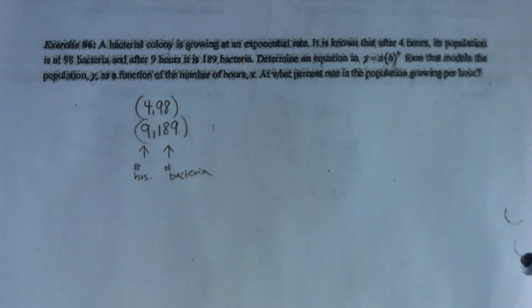So let's say round your B to the nearest 100th and use that. Do A to the nearest 100th also.